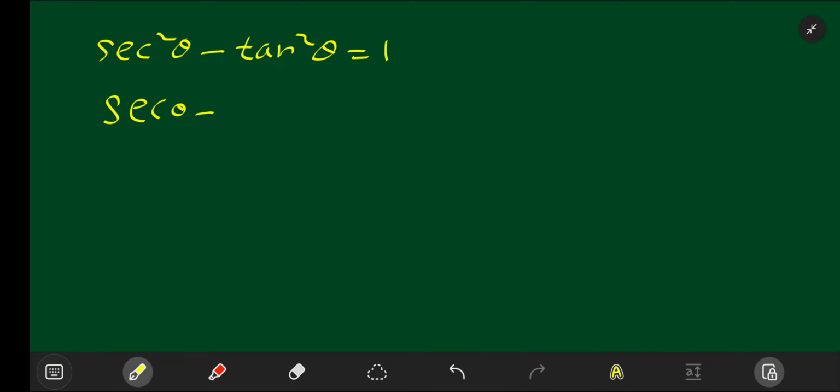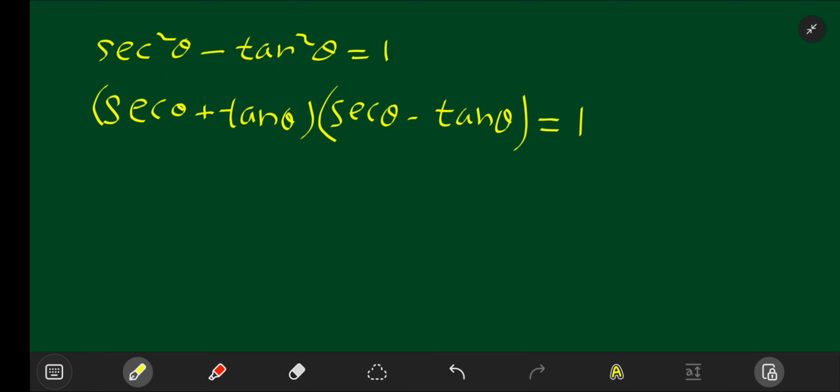We know sec square theta minus tan square theta is equal to 1. So (sec theta plus tan theta) into (sec theta minus tan theta) is equal to 1.